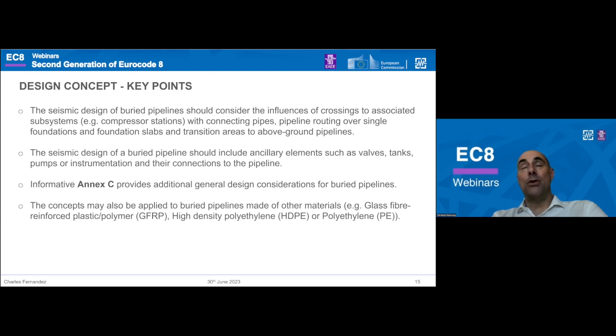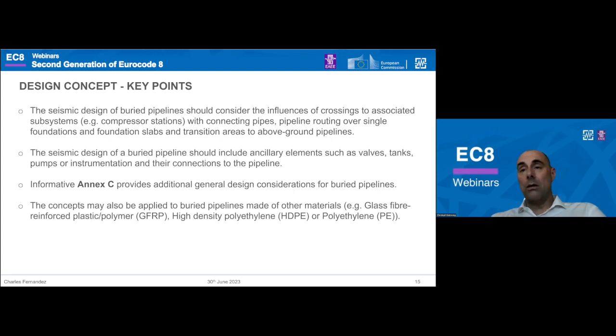Furthermore, we have also to think about crossing of pipelines, and we need also to consider the transition from the pipeline within the soil to a station on foundations, because then we have an anchorage point, and then the differential displacements become more decisive.